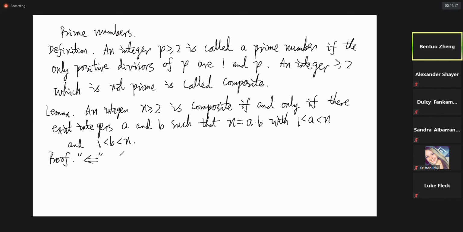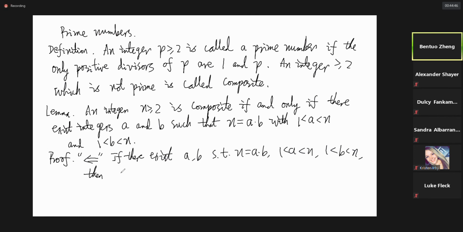This direction means if there exist a and b such that n equals a times b, and a is between 1 and n and b is between 1 and n, then it's clear a divides n by definition, and a is not equal to 1, a is not equal to n.